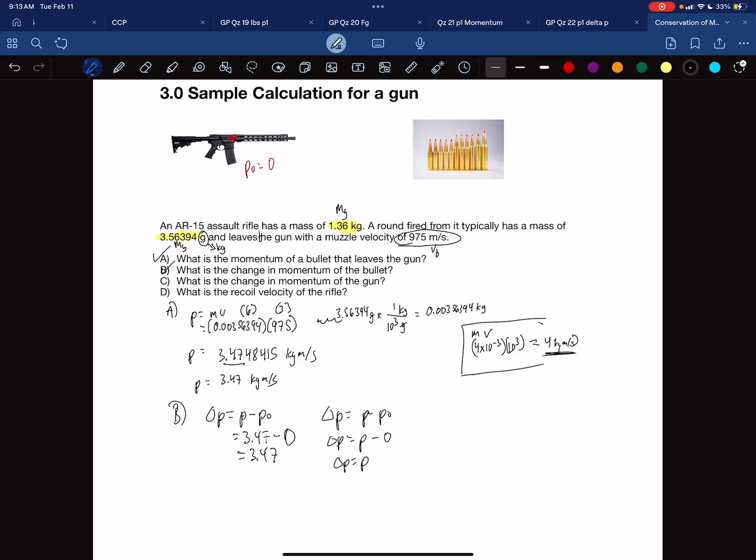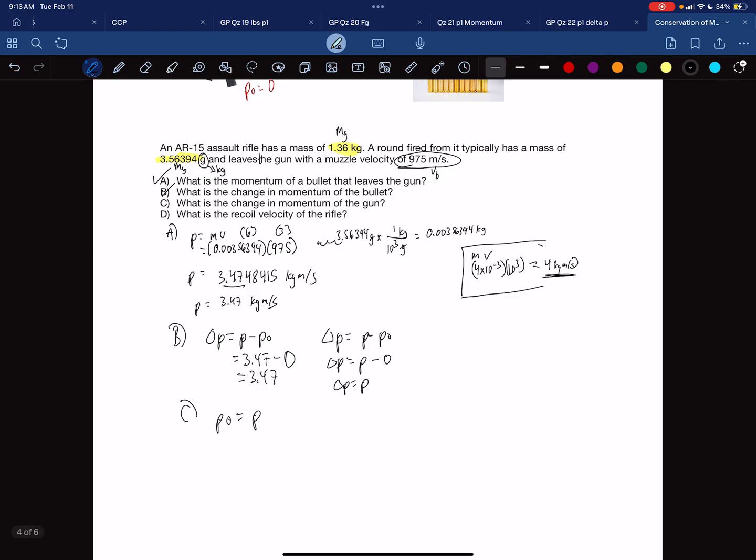Now, what about the change in momentum of the gun? What we knew is that P0 equals P, and the momentum after is the momentum of the gun plus the momentum of the bullet, while the initial momentum was 0. If we subtract the momentum of the bullet from both sides, the momentum of the gun is equal and opposite to the momentum of the bullet.